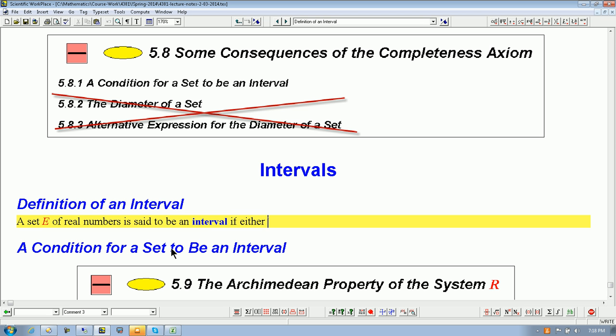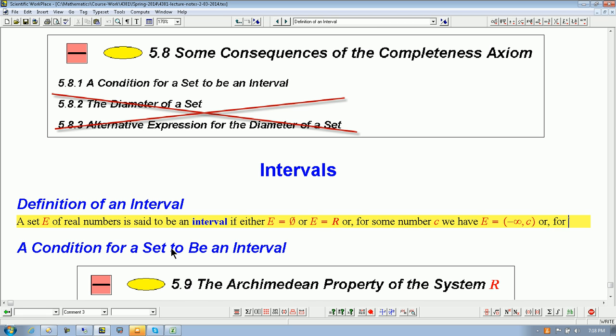All right. A set E of real numbers is said to be an interval if either E is empty, the empty set is included, you see, or E is the set of all real numbers, or for some number C, we have E is the set of all real numbers below C, right?